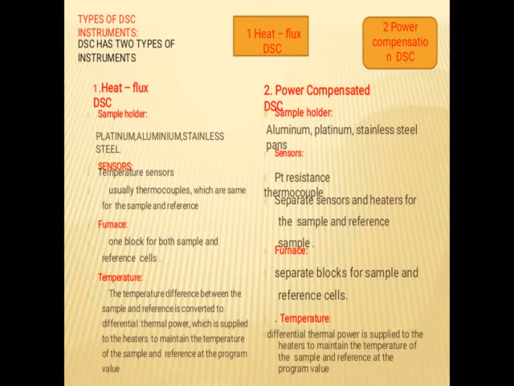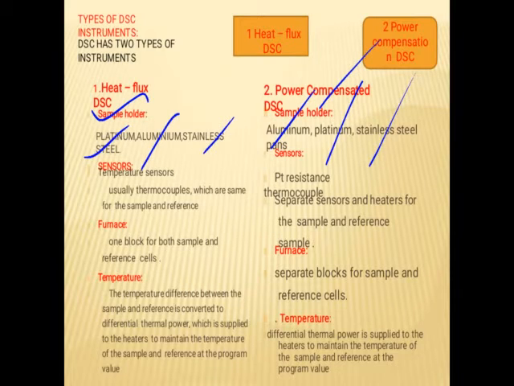In case of heat flux DSC, the sample holder is made of platinum, aluminum, or stainless steel. Similarly, in power compensated DSC, they are made of aluminum, platinum, or stainless steel pans. So there are pans present. The next part is the sensors.